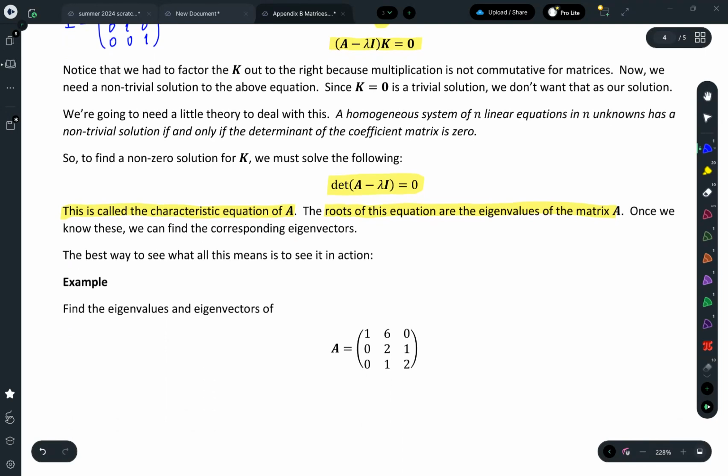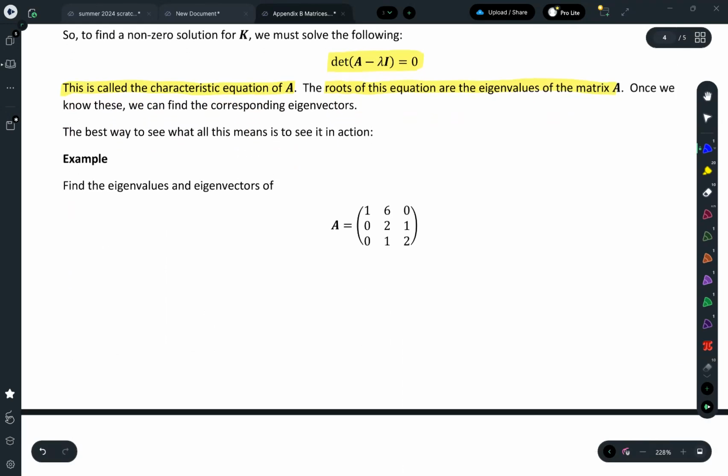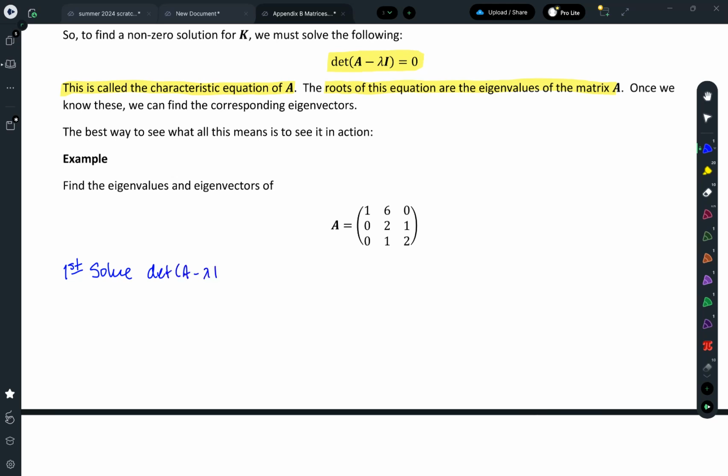We're supposed to find the eigenvalues and eigenvectors of this matrix A that has components 1, 6, 0, 0, 2, 1, and 0, 1, 2. So the first thing that we do is solve the determinant of A minus lambda I equals 0 for lambda. Okay, so the determinant of A minus lambda I is in the straight up and down bars.